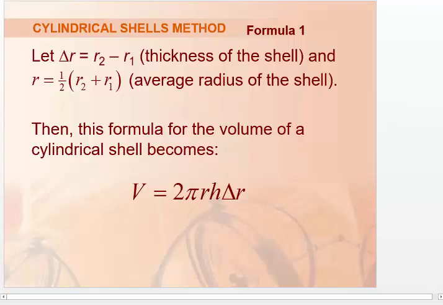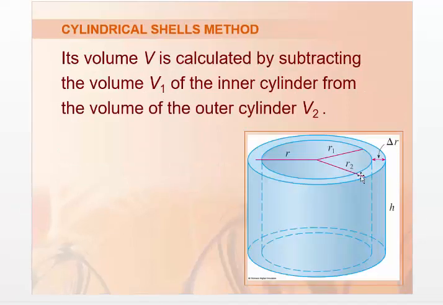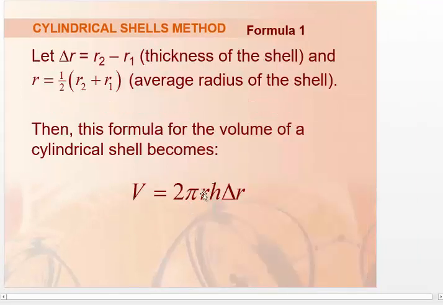So if I let delta R be the thickness, so R2 minus R1, of the shell, and R equal the average radius, the formula for the volume of our cylindrical shell, that cylinder that I had here, the volume of this thing, just becomes 2 pi R times the height times delta R.